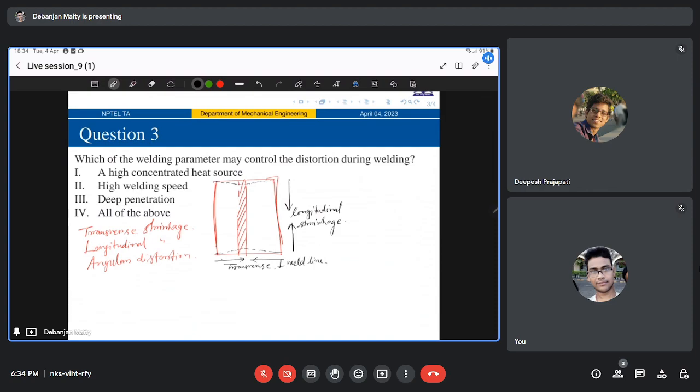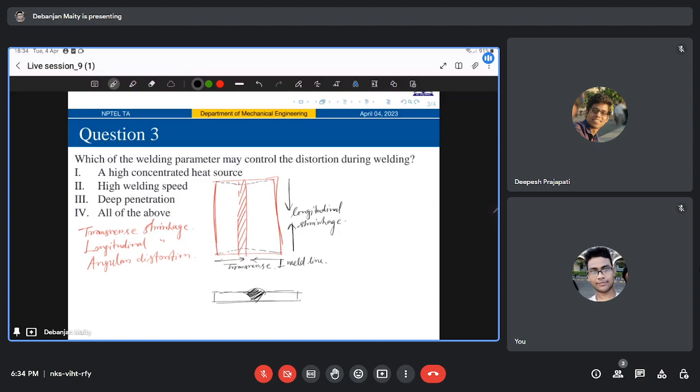And there can be, as I was saying, angular distortion, any kind of angular change that consists of rotation around the weld line. So angular distortion may happen like this. Initially, let us say through the thickness direction, how can it look if you are checking the side view or cross sectional view of the weld. So initially it was like this. This was my initial thing.